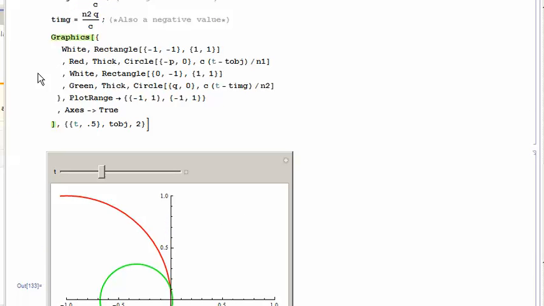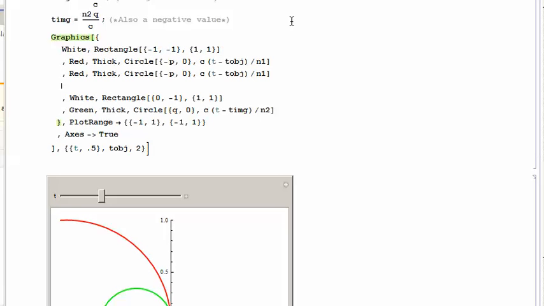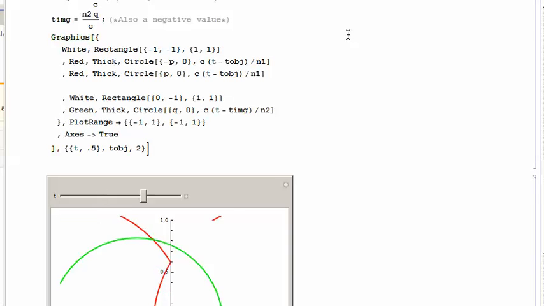It occurs to me I ought to go ahead and put reflection into this by making another red circle going the opposite direction. So this would be with a center of positive p. Then it would have the same radius, and it would be drawn before the rectangle so that it'll be hidden.